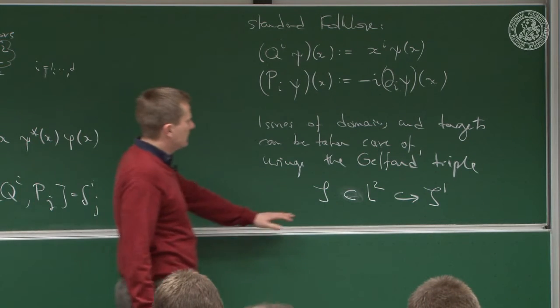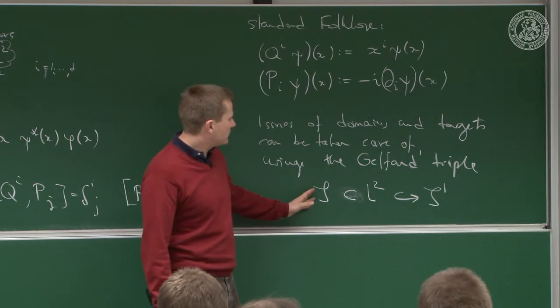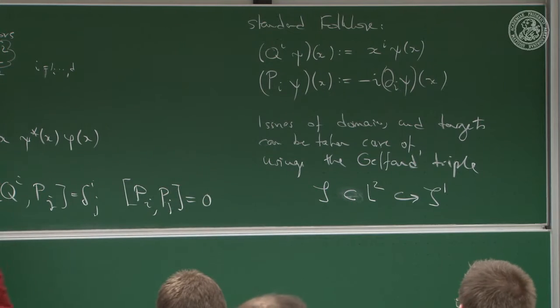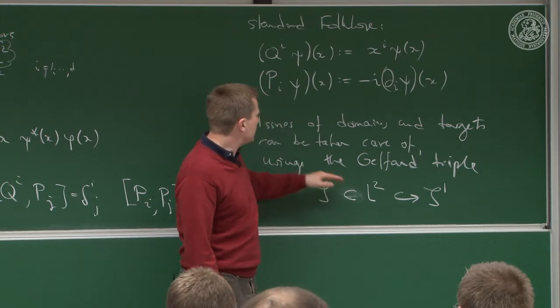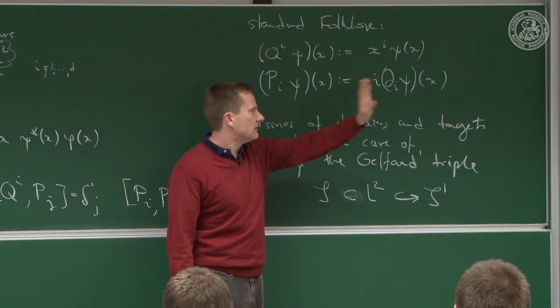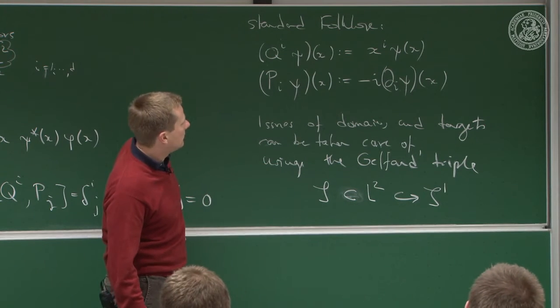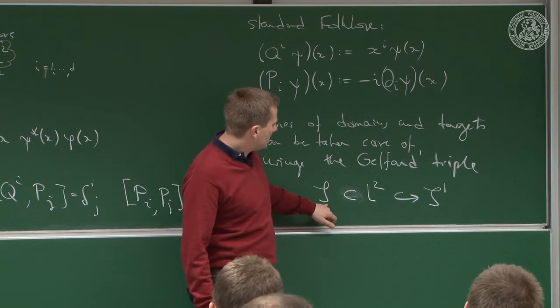And then you can first define operators here, from S to S. That works because they're very fast decreasing and have nice properties under arbitrary, often differentiation.